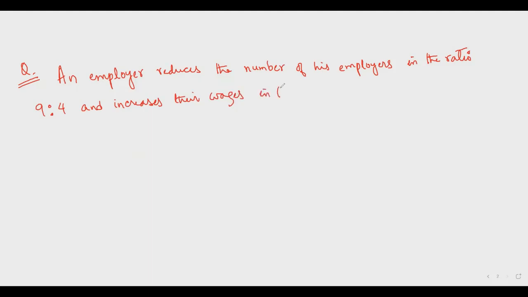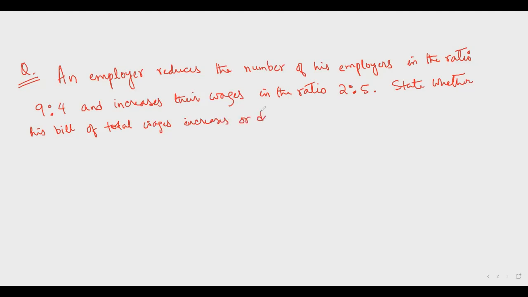Increases their wages in the ratio 2:5. Step: whether it increases or decreases. And then what is option P zero?